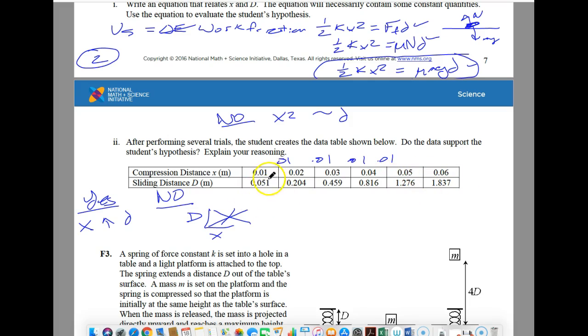So 0.05 divided by 0.01 will give you some sort of value. We will call that value A, but that will not be equal to B, which will not be equal to C. So dividing these is kind of the same thing as looking to see what the slope might be. And if the slope is the same, then each one of these numbers should be the same, but they're not going to be as you go through. And that is worth 2 points.